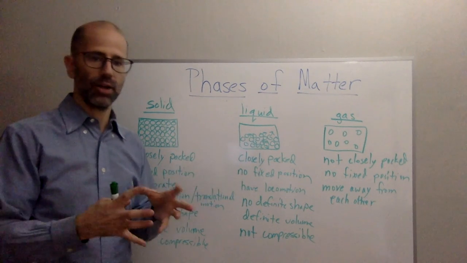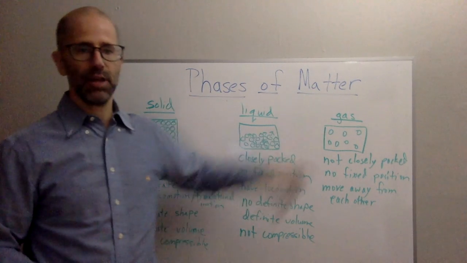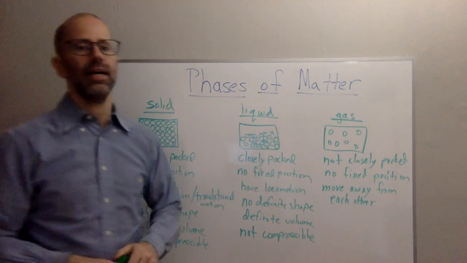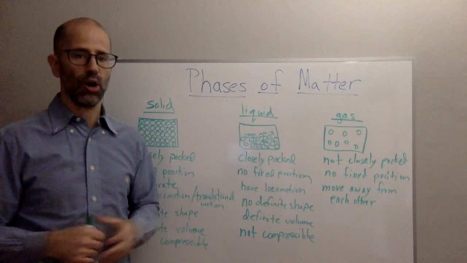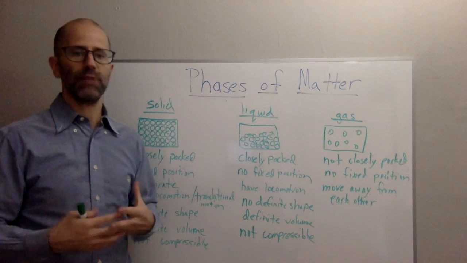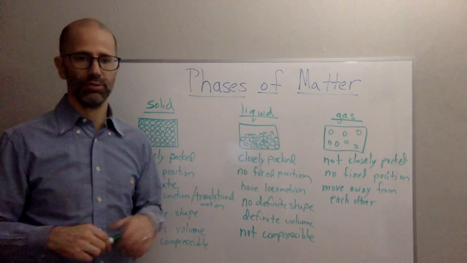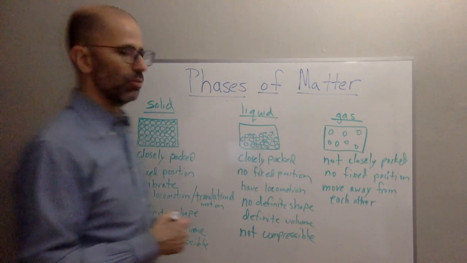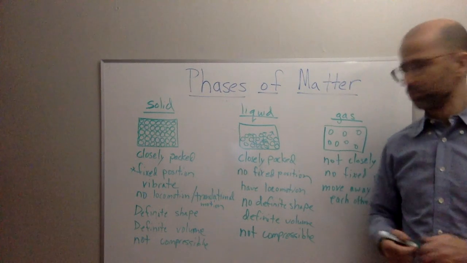They can be brought close together. And because the gas molecules can move away from each other, now you can have any volume you want. So the gas can fill up the volume of any container whatsoever, regardless of the volume. So the volume is going to be the volume of the container as well as the shape of the container.